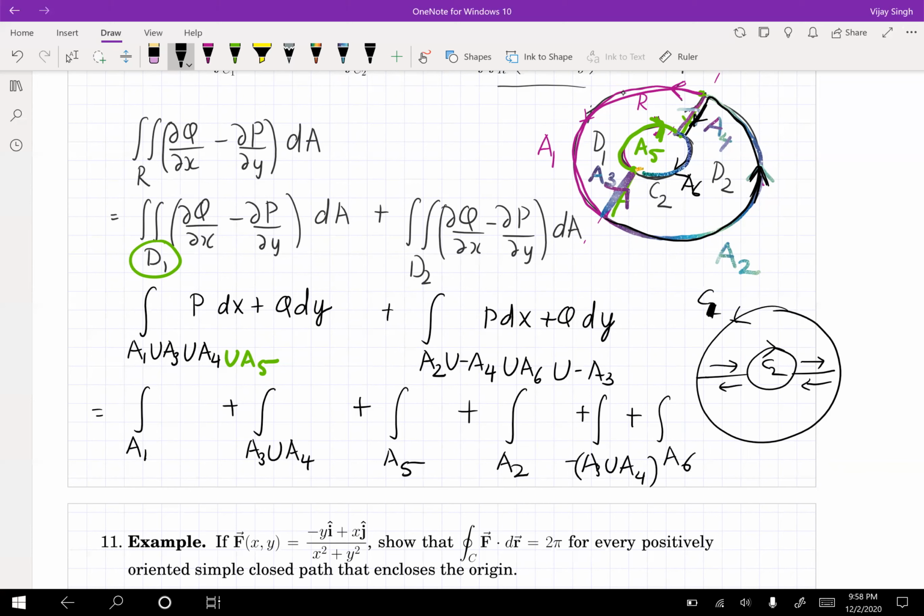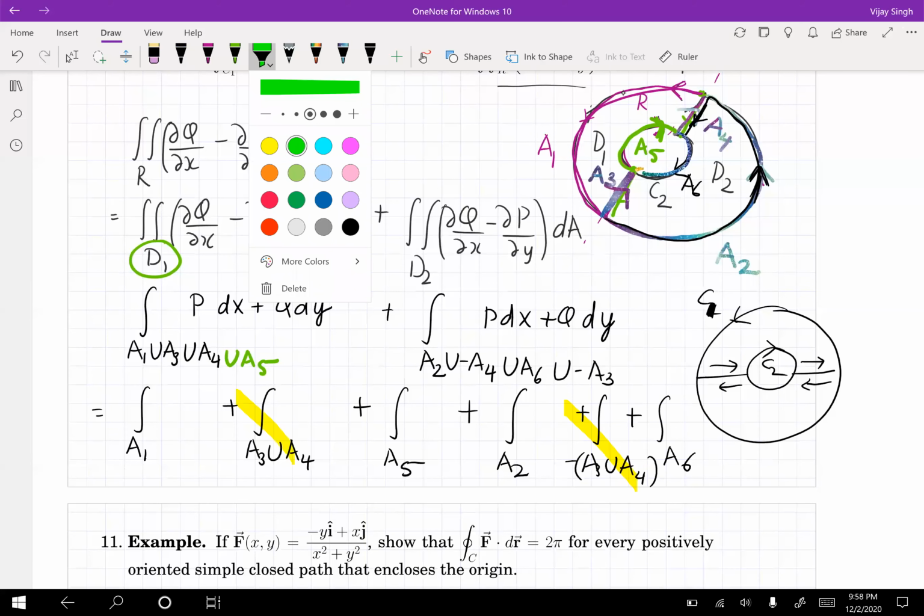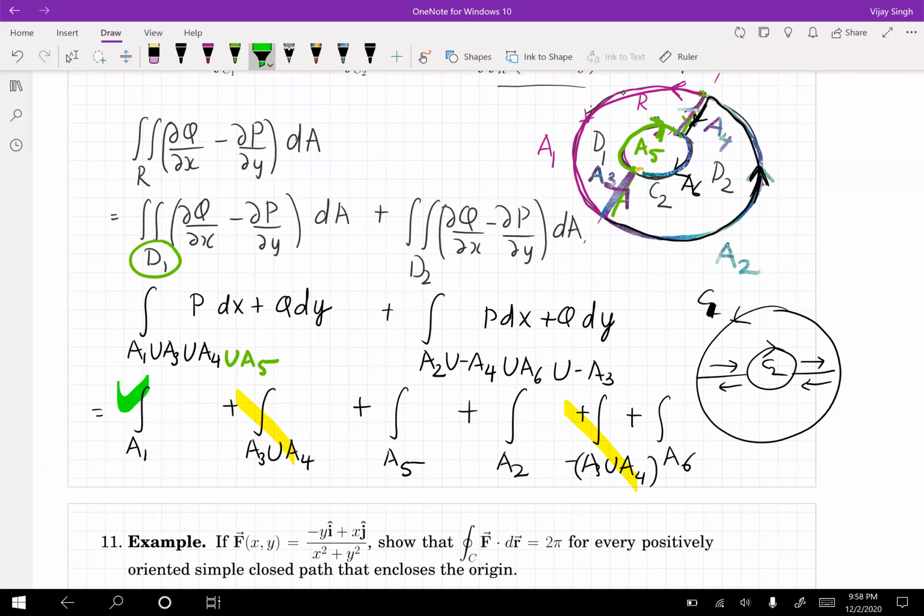Now when you do this, these guys cancel off each other because they have opposite signs. A1 and A2 combine to give you the integral over curve C1, and A6 and A5 combine to give you the integral over C2. So this basically proves the result.